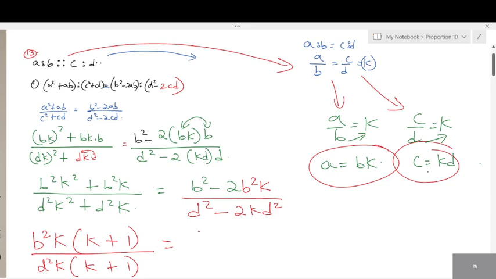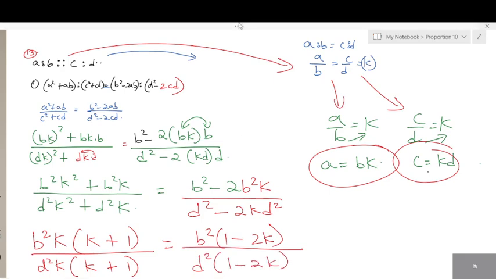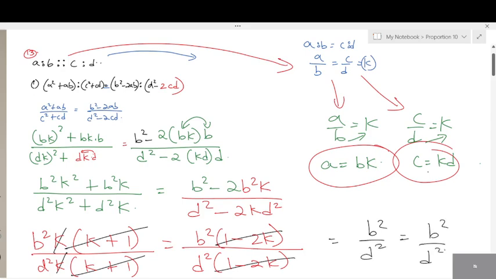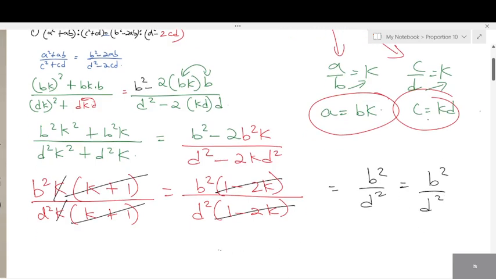Here B square, 1 minus 2K. Down denominator, which one gets cancelled? K plus 1, K plus 1. What about this K and this K? Everything gets cancelled. B square by D square is equal to B square by D square.